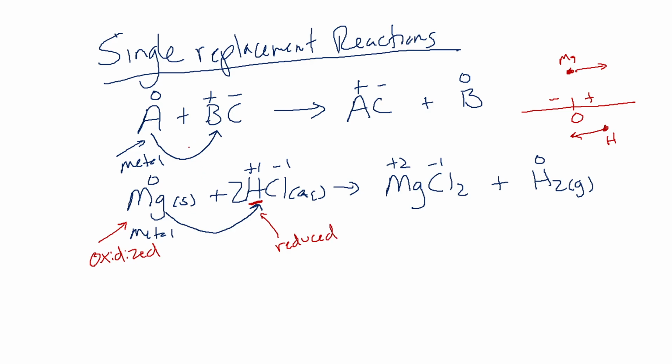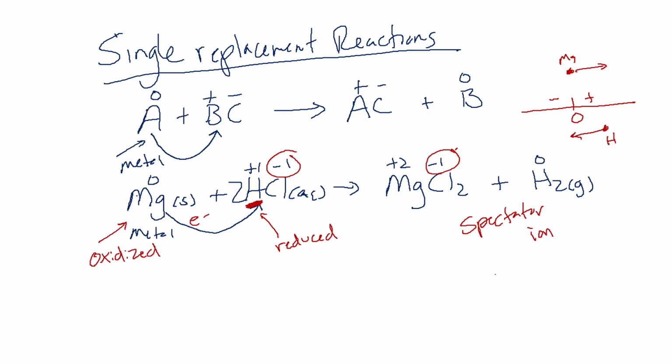Now you might be asking, what's going on with the chloride? Well, chloride's -1 on the left, -1 on the right. Nothing's happening with the chloride. It is what is known as a spectator ion, really. It's just kind of hanging out and watching what's going on. It's not really changing at all. So what's really happening here is the magnesium is actually sending its electrons to the hydrogen.